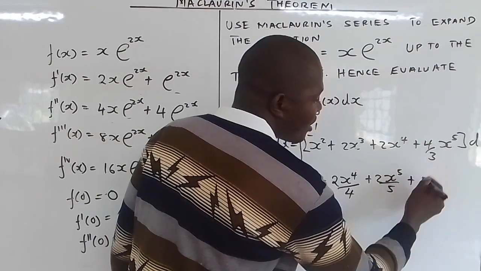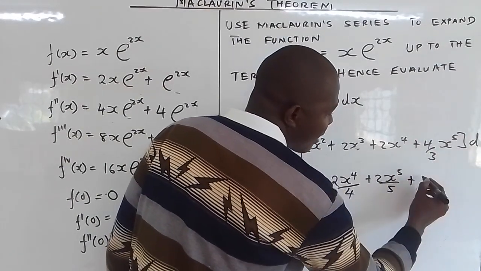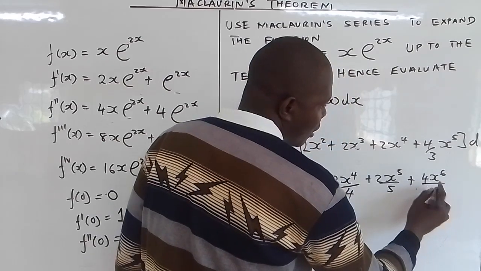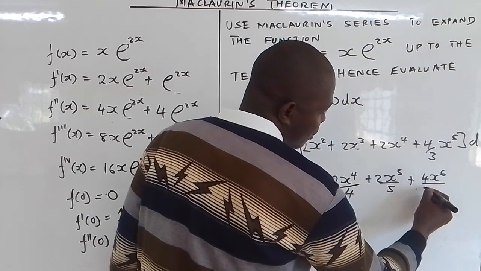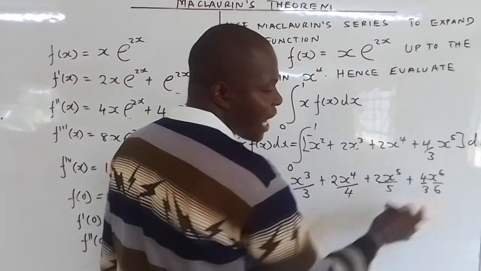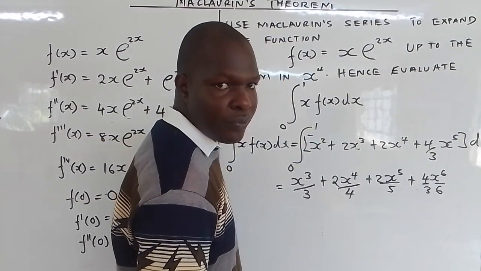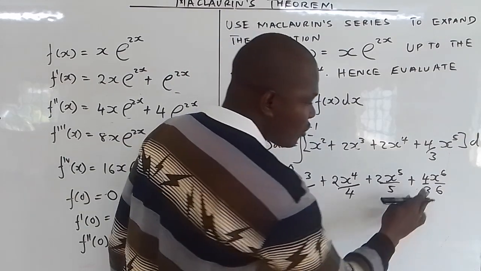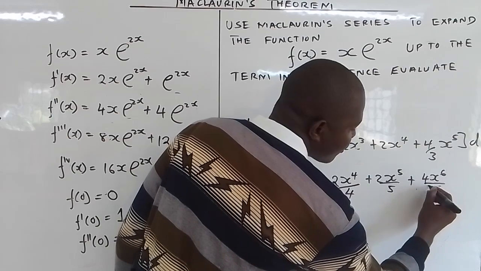Then here, 4 over 3 is a constant, then x to power 5, if you integrate, you get x to power 6 over 6, isn't it? So here we have 4 over 3 and x to power 6 over 6. So 3 times 6 will give you what? 18, isn't it? Are we together? So this is a total of, it is over 18.